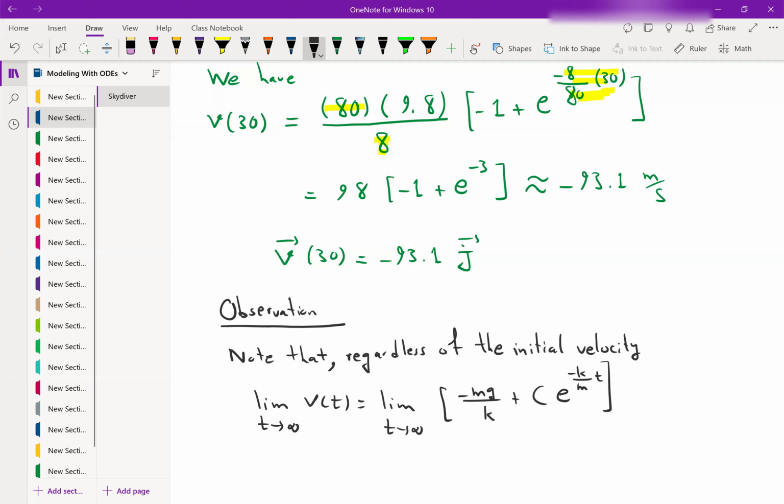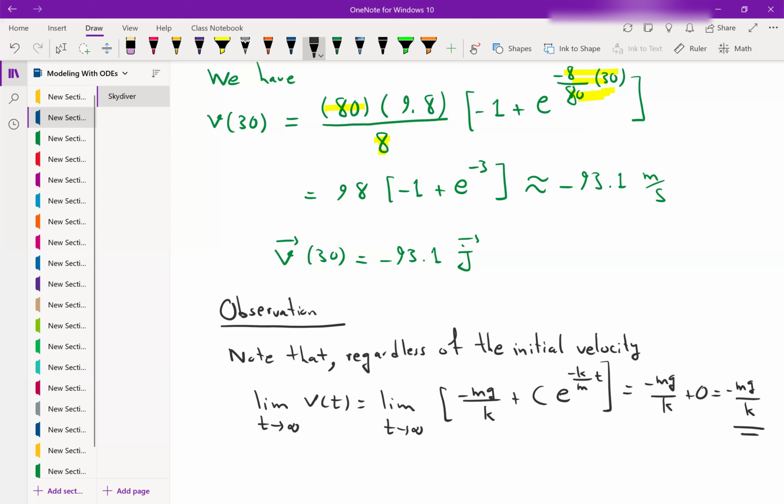And this second term, as t goes to infinity, goes to 0. So this is just -mg over k plus 0, which is equal to -mg over k. So what this is telling me is that as time increases, this v of t, the velocity, tends to this number. It will not increase indefinitely. It will not grow without bound.